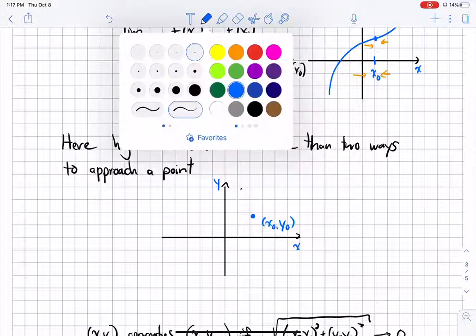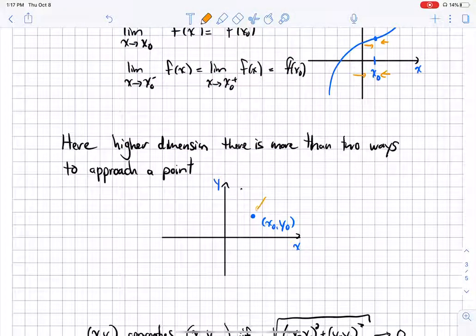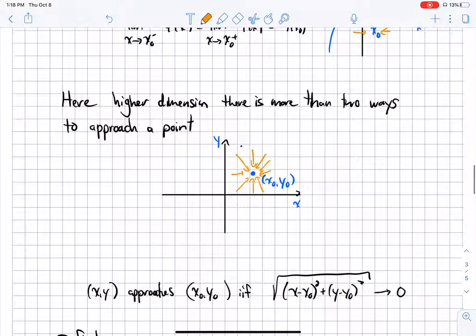Well, I'm on the plane, so I can approach it from several directions. So this limit, when I approach x0, y0, means a lot of limits, more than 2, infinitely many. I can approach a point from infinitely many directions. So it's more tricky to establish that a function is continuous.